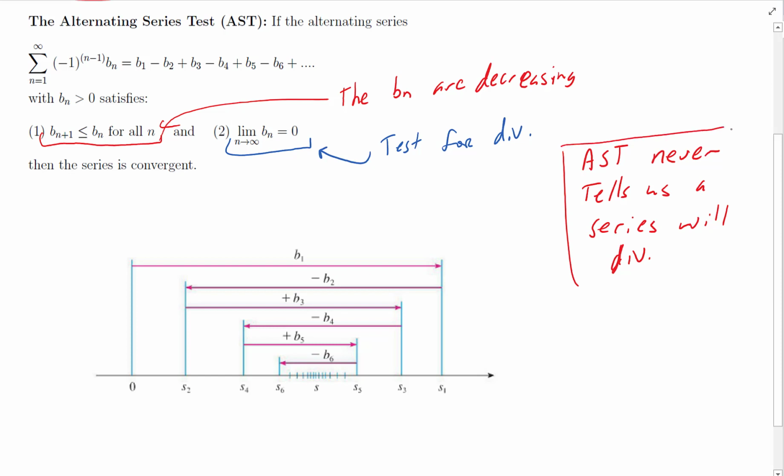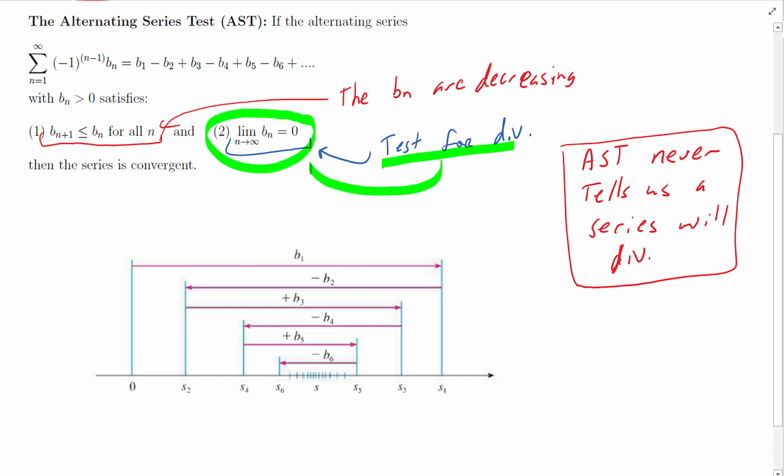It just says if you meet this criteria, it's going to converge. Hidden in the alternating series test is this test for divergence. So our test for divergence can give us that a series will diverge. The alternating series test can only tell you if something converges.